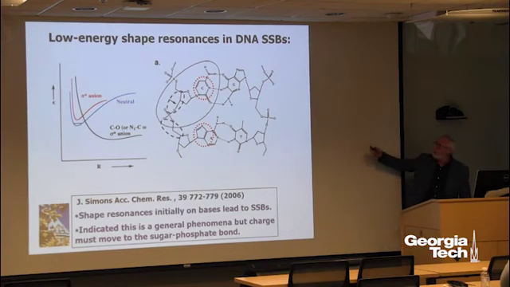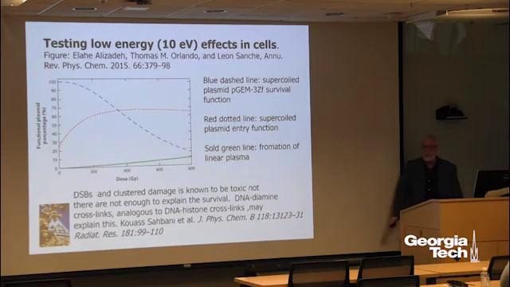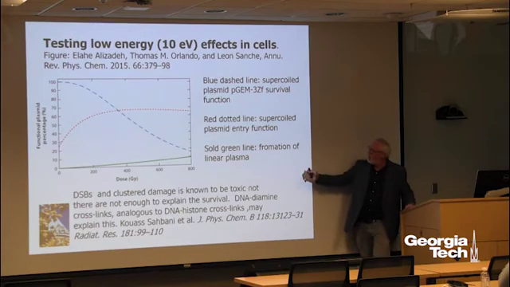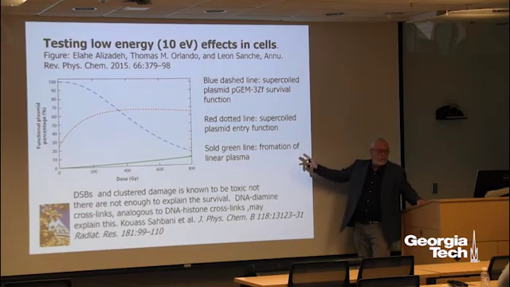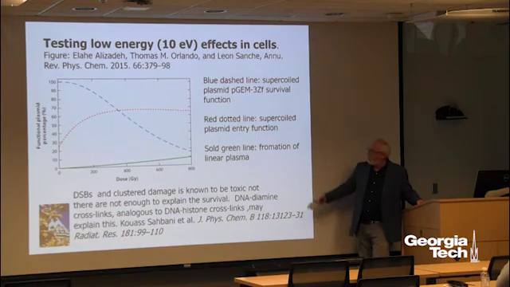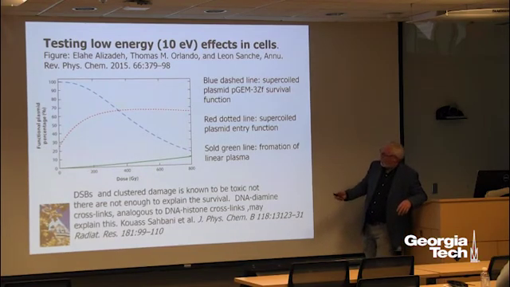Now, this has been modeled. You can use an excitation that moves through the base into the sugar. What I want to do is show you some stuff that has been done that makes this clear that this is relevant to the cell death. You can put in double strand break DNA.